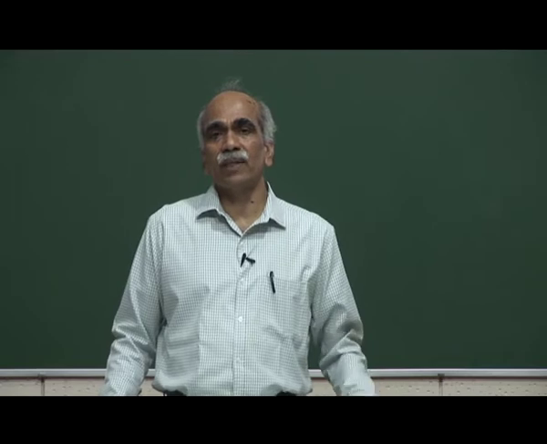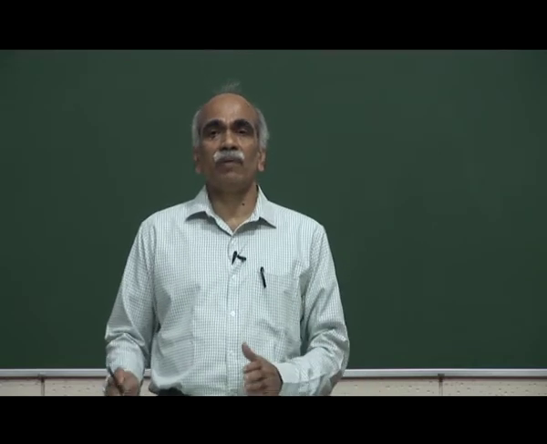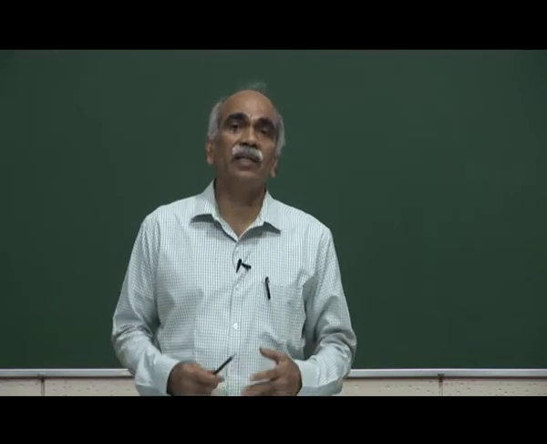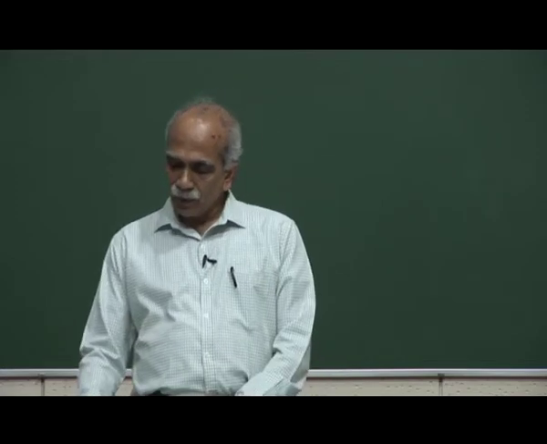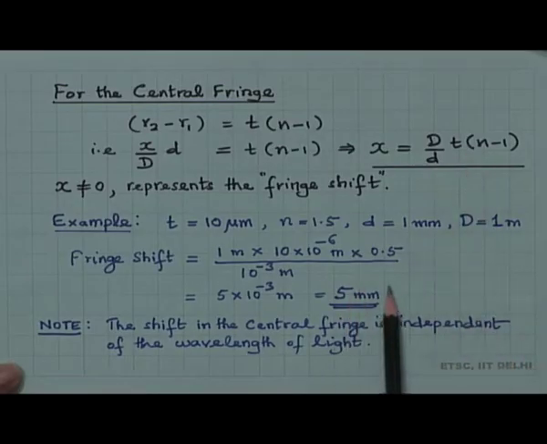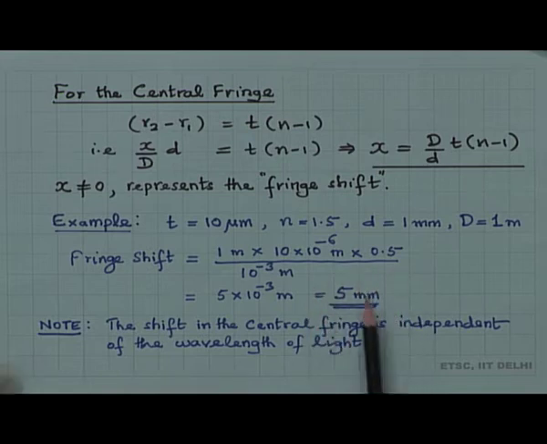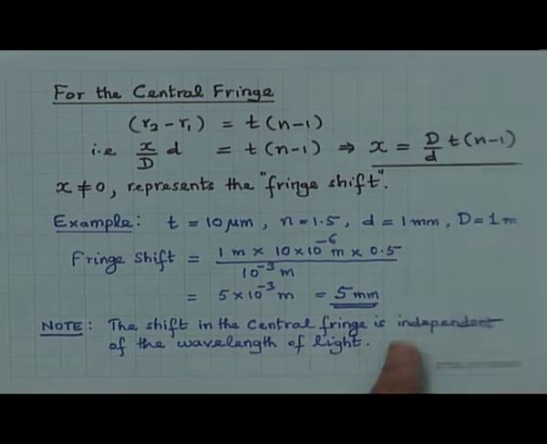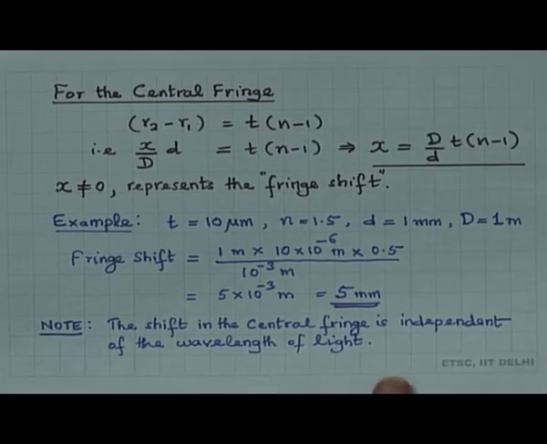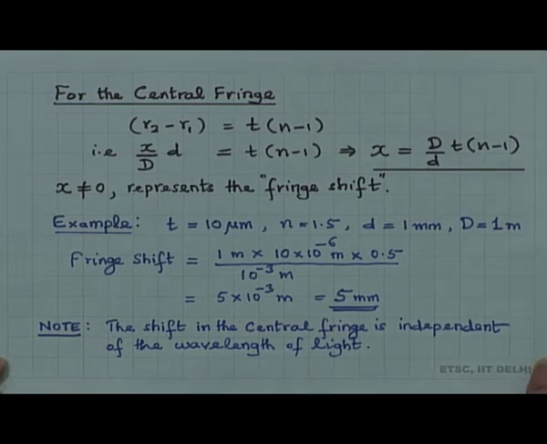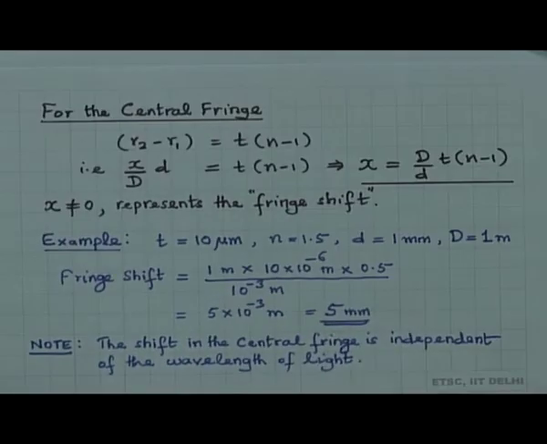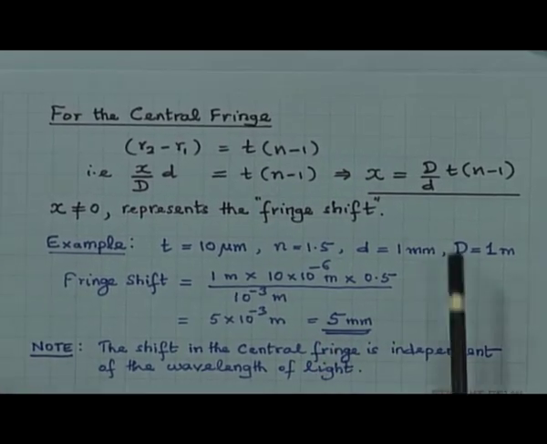There are other techniques available, but this is one of the ways by which you can determine the thickness of a thin film. Since the shift is independent of the wavelength, we can immediately use white light to determine the shift of the central fringe. We have already discussed what happens when we use white light for formation of fringes, and white light can be used to determine the shift and hence the thickness.